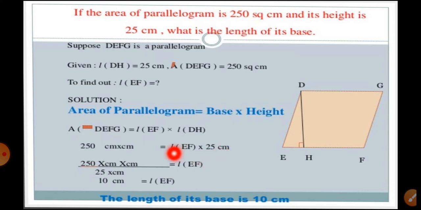So L is equal to 250 divided by 25. If we divide area of the parallelogram by its height, we find the base or length. Therefore, the length of its base is 10 centimeters. Clear? Very easy.